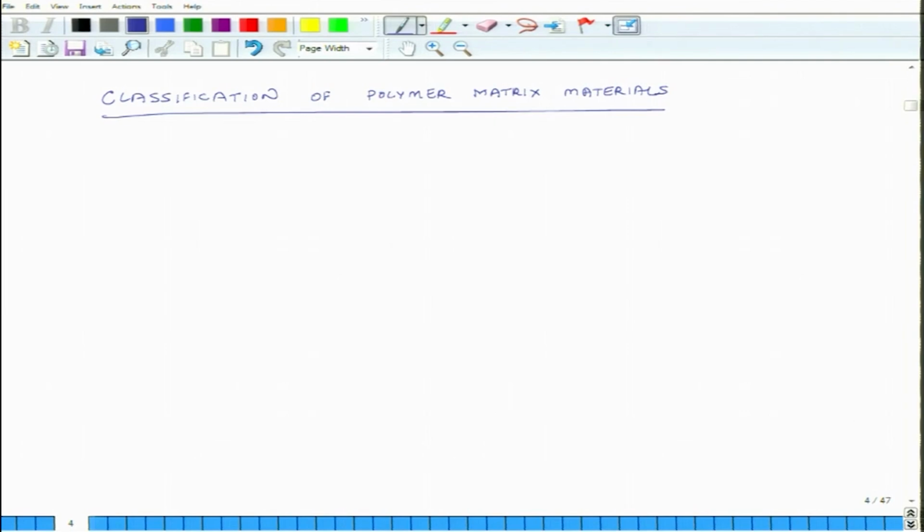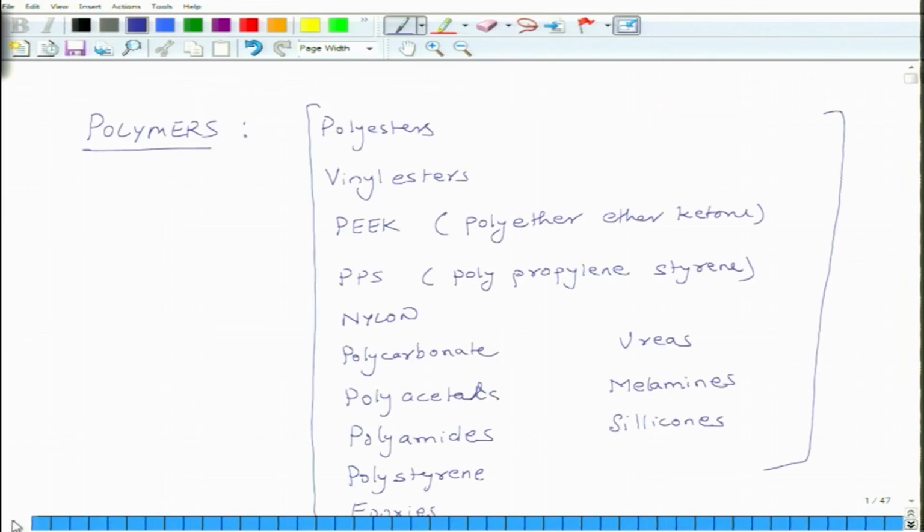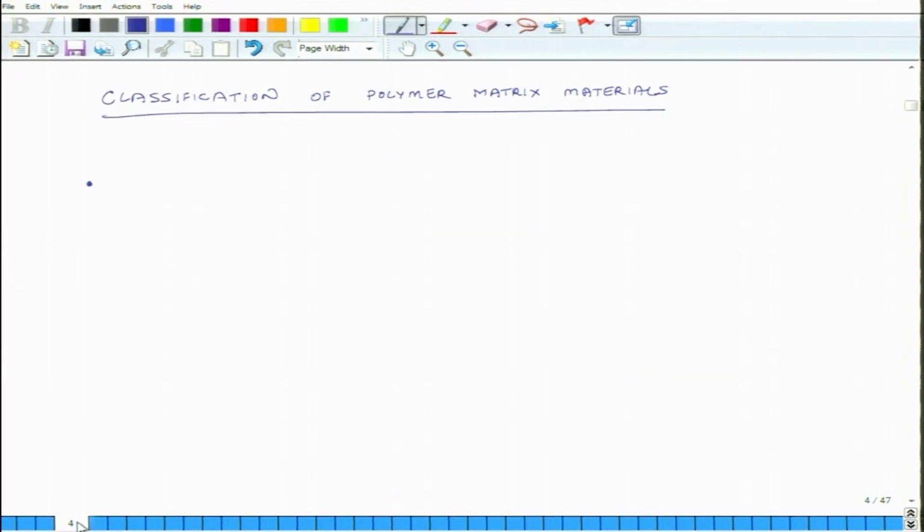Now, broadly speaking, you can break all these different types of matrix materials which are based on polymers into two big groups. Okay. So, the first group is known as thermoplastics. And the second group is thermosets.